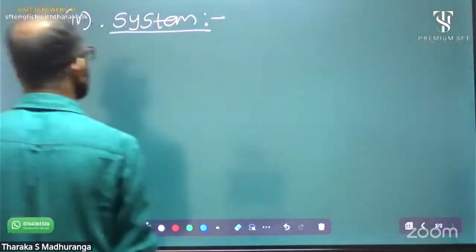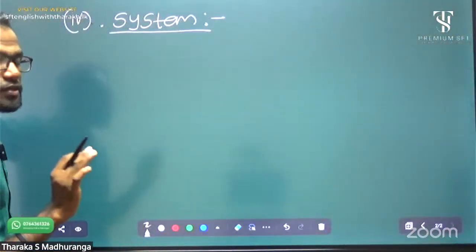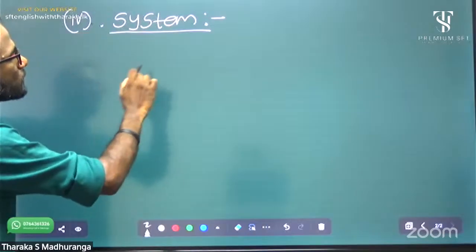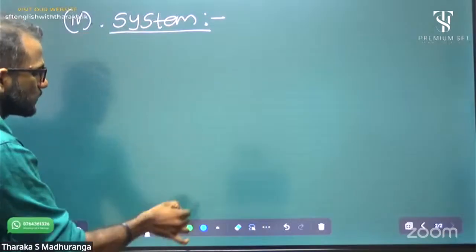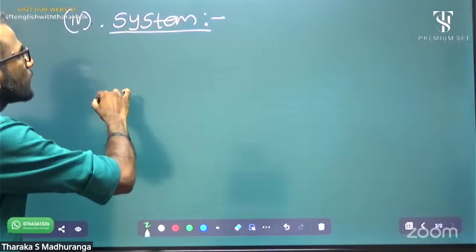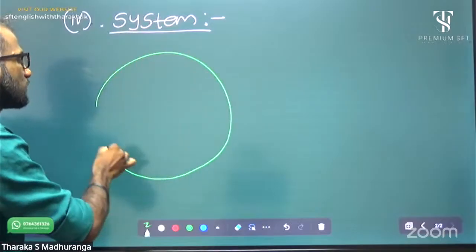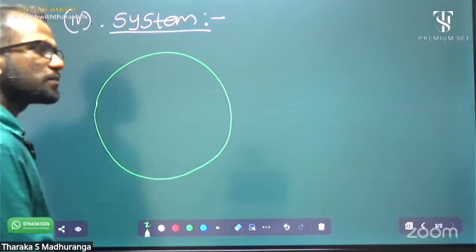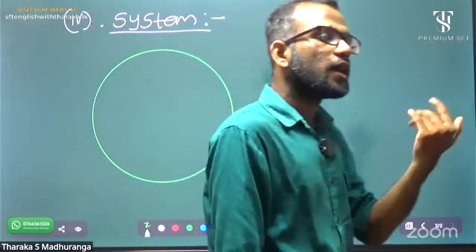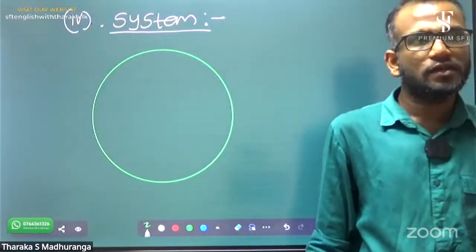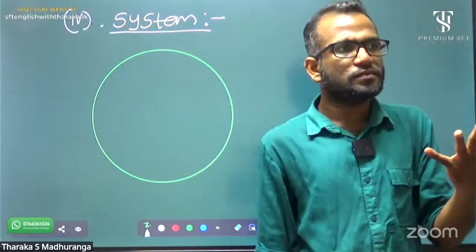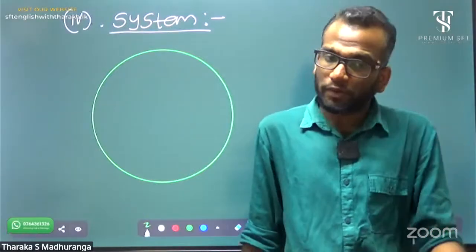Remember, in chemistry, a system is a selected area like this. Think, for example, I'm doing an experiment in a laboratory.